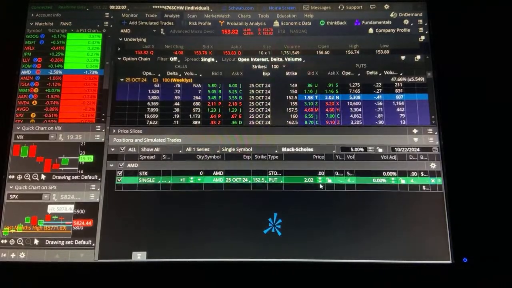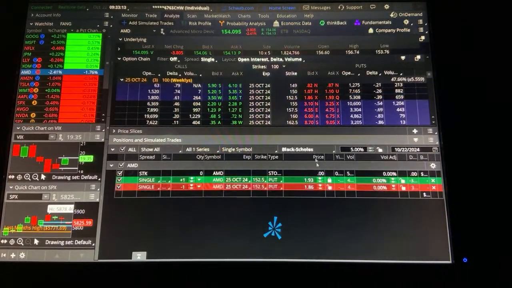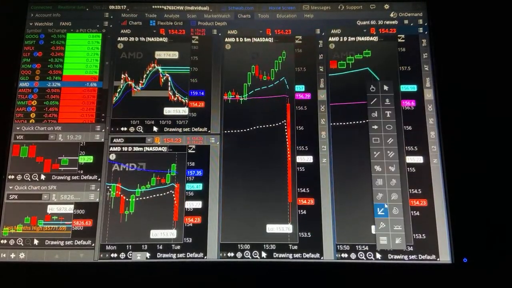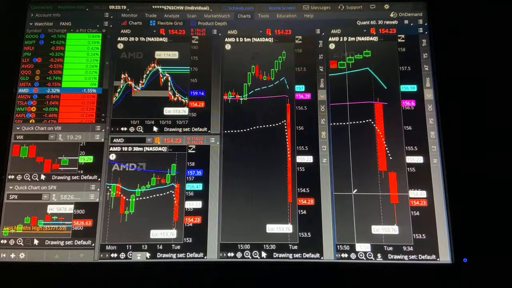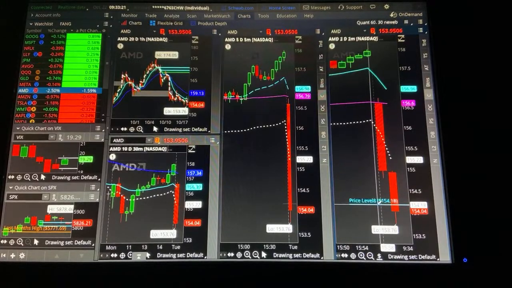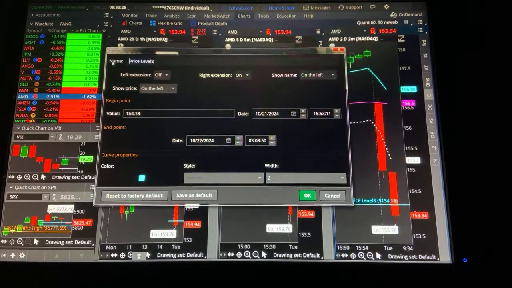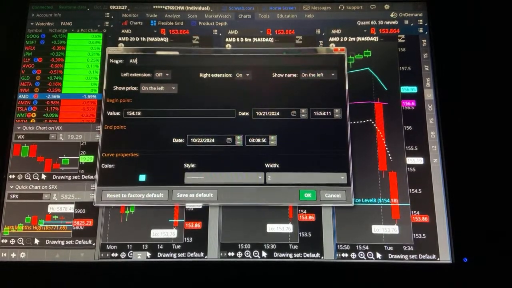Ugly fill. I got a 193 fill they gave me. I'll just put a line there to represent that, give or take. AMD long put, bearish, day trade.